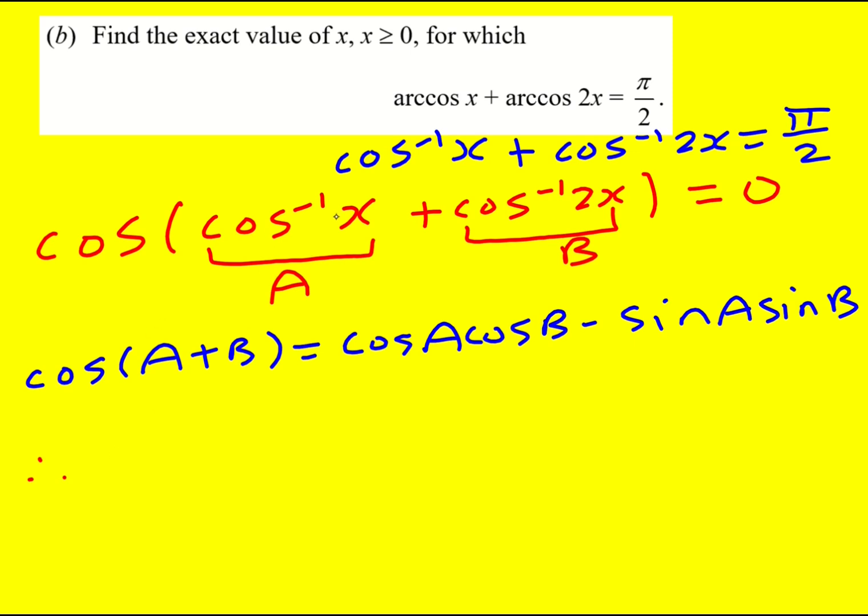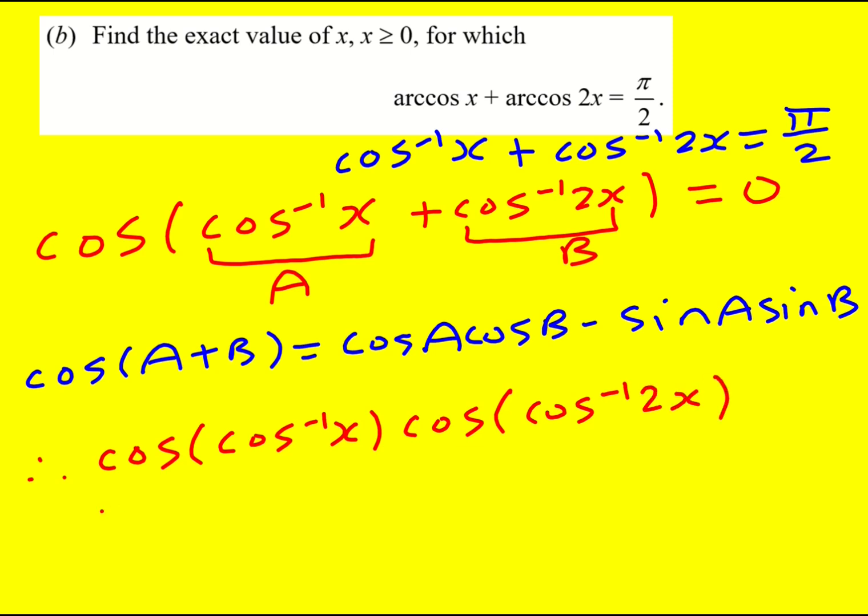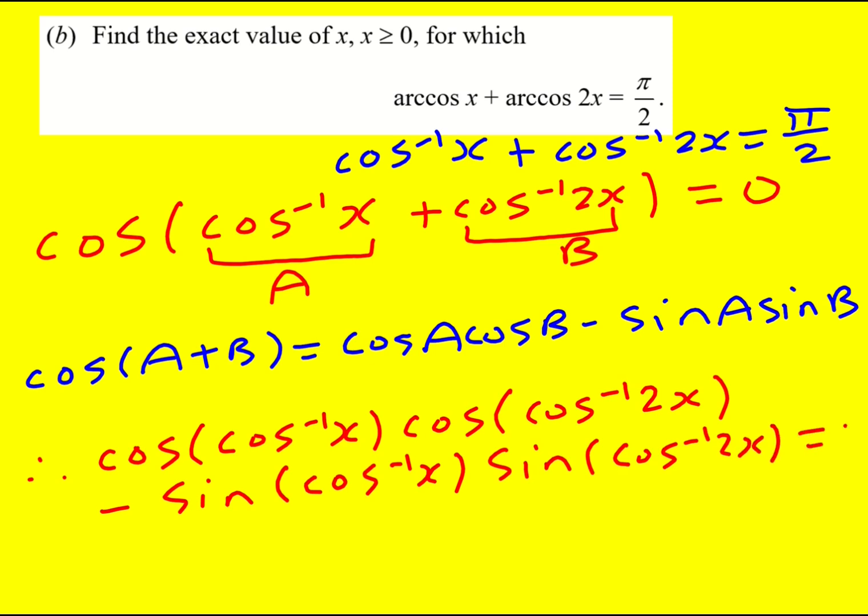Therefore, I can put that into here, so it's going to be cos of inverse cos of x times cos of inverse cos of 2x minus sine inverse cos of x times sine inverse cos of 2x equals 0.